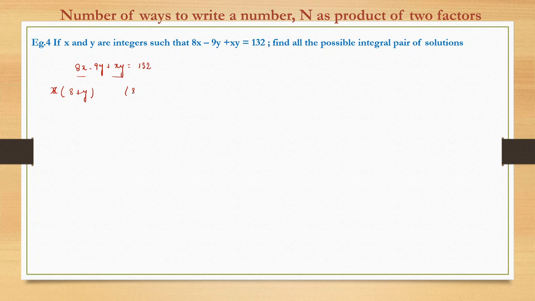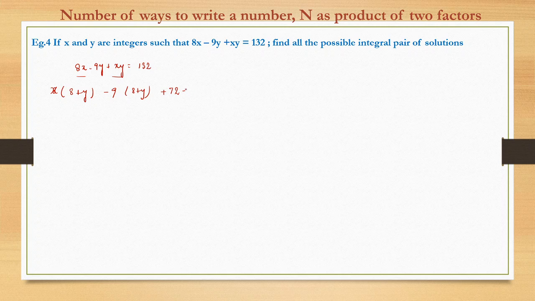And now to have the same factor 8 plus y, here we need to have minus 9, so that minus 9 into y becomes minus 9y, so it becomes minus 72, right? So we need to have plus 72 to neutralize this, and we already have minus 132 here on this side, so plus 72.